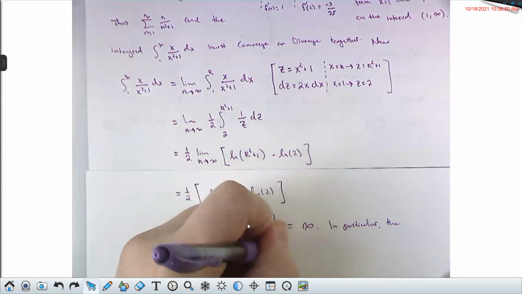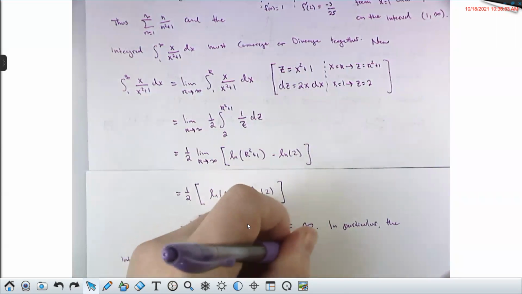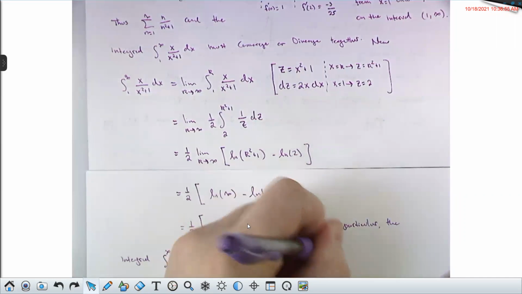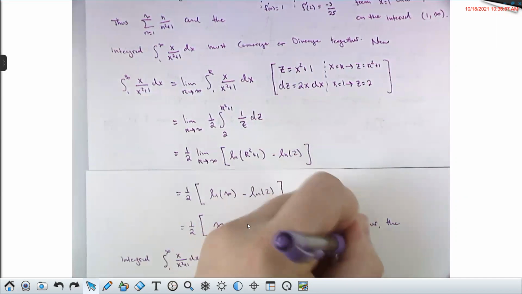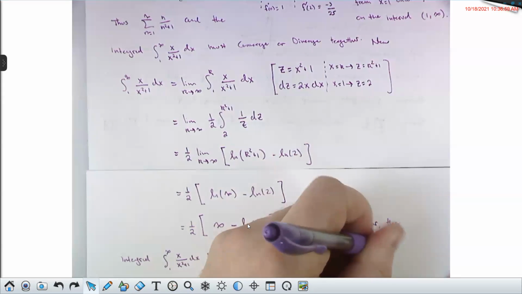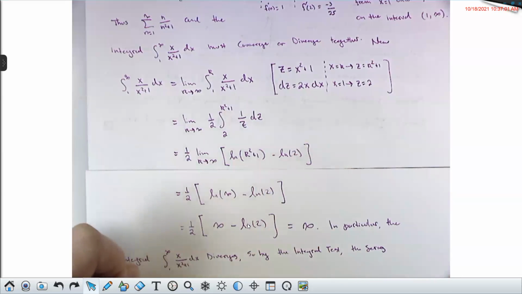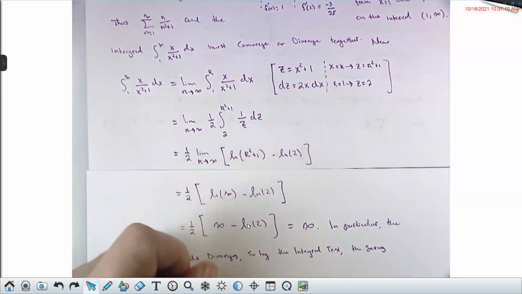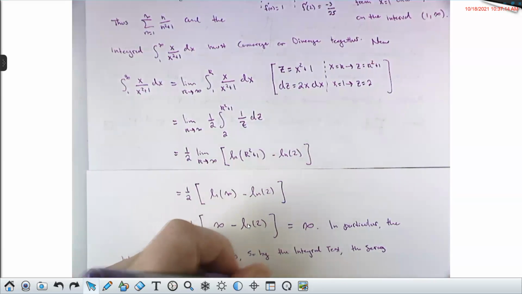So by the integral test, the series S equals the sum from n equals 1 to infinity of n over n squared plus 1 must also diverge.